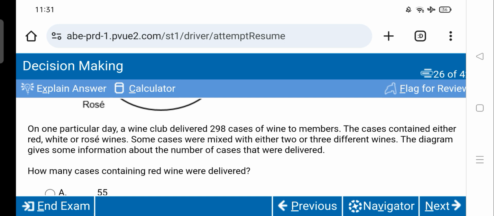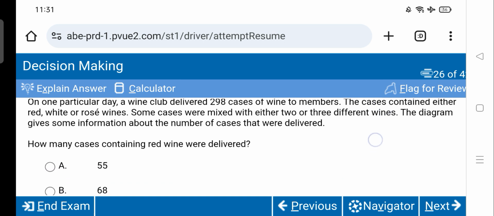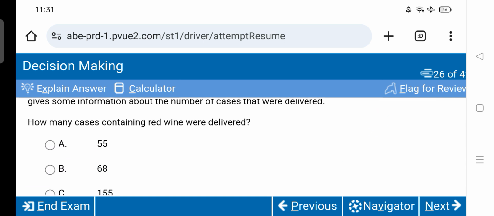The cases contain either red, white, or rosé wines. Some cases were mixed with either 2 or 3 different wines. The diagram gives some information about the number of cases that were delivered. How many cases containing red wine were delivered?